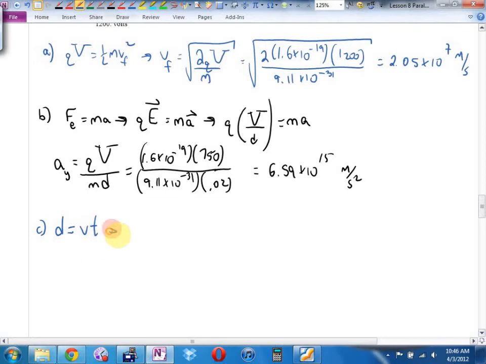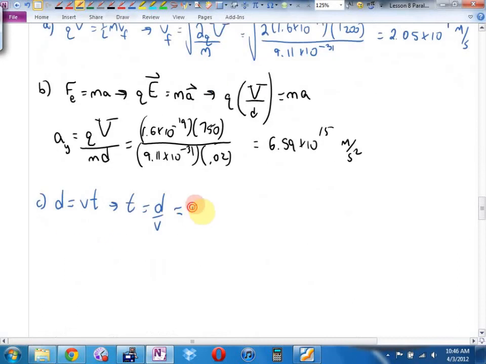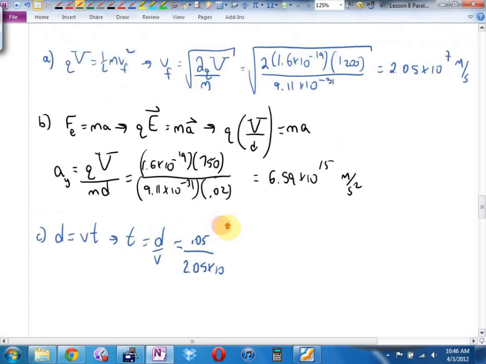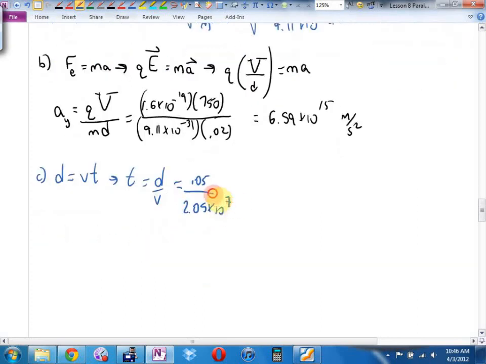Which means the time it's going to be between the plates is distance divided by velocity. How long are the plates? 5 centimeters, 0.05. What's the velocity? 2.05 times 10 to the 7th. It's not between these plates for very long. For how long?